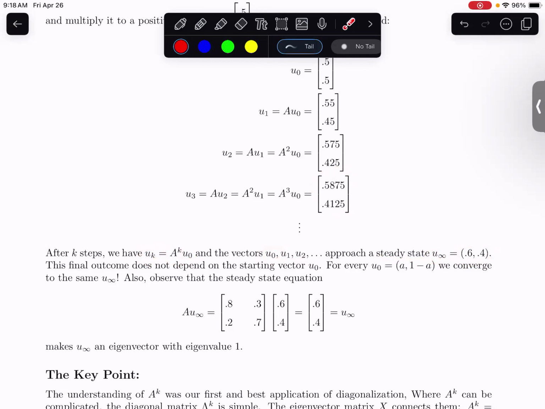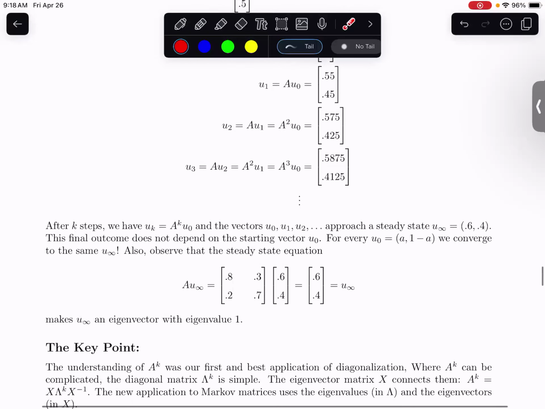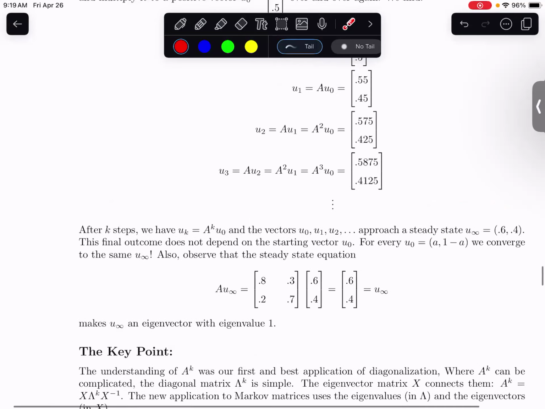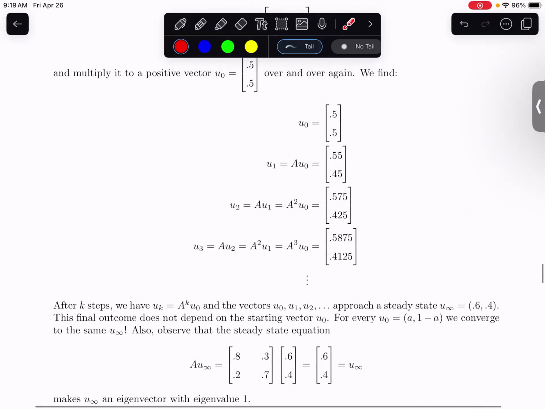Again, I'm doing this in a pretty informal way right now, but we'll make it more rigorous later on. You'd actually find a formula for these vectors and let k go to infinity, and then you'll be able to confirm rigorously that U infinity, the steady state vector, is equal to 0.6, 0.4. As I was saying before, this outcome doesn't depend on the starting vector.